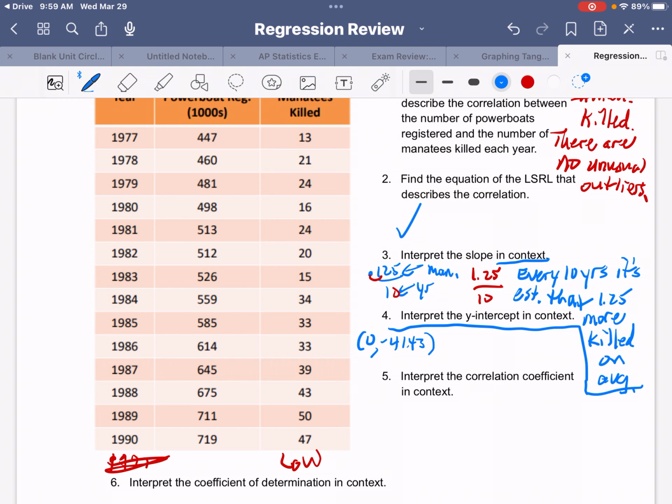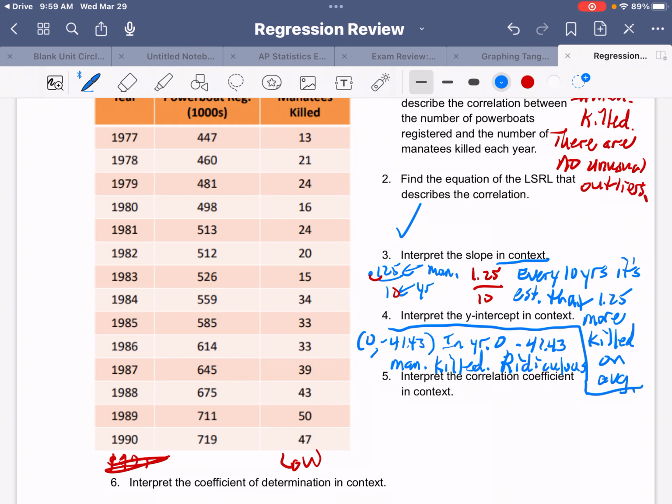It would say in year 0, negative 41.43 manatees were killed. Well, that's ridiculous. So they may ask you to interpret the y-intercept if it has meaning and do so accordingly.